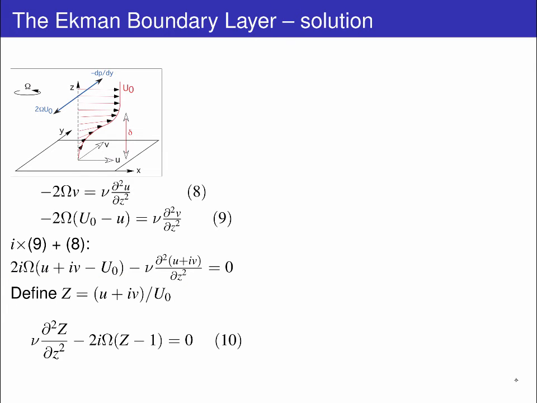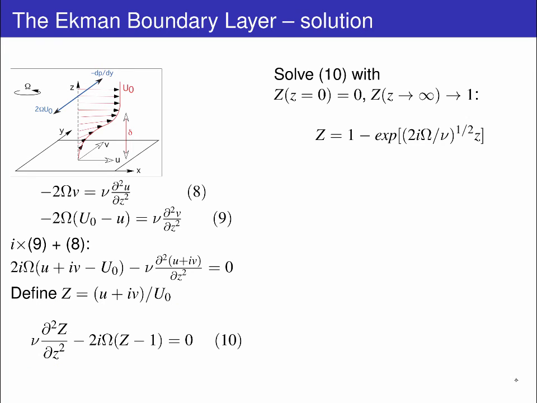Next, we define big Z equals (u plus Iv) over big U naught and substitute this big Z back into the combined equation, giving viscosity times the second vertical gradient of big Z minus 2I omega times (big Z minus 1) equals 0. This is now a second order equation in big Z. We want to solve for big Z with the boundary conditions of u and v at little z equals 0 and little z goes to infinity.